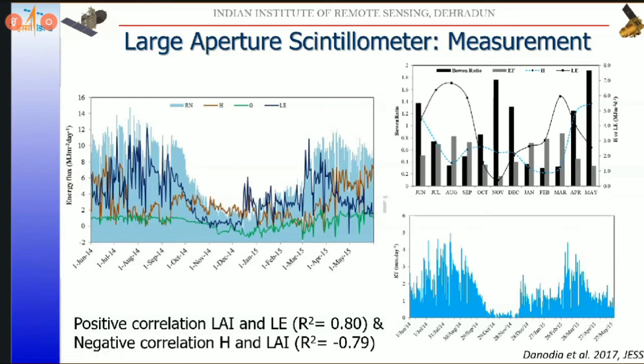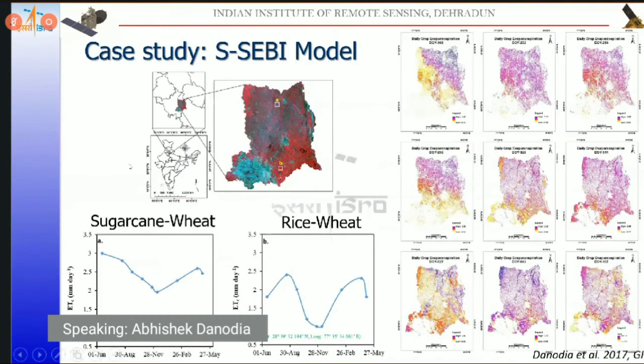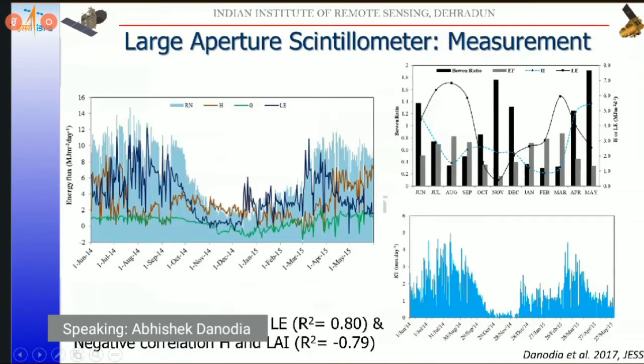For the same information of 2014-15, we can further use it for validation of the S-SEBI model.